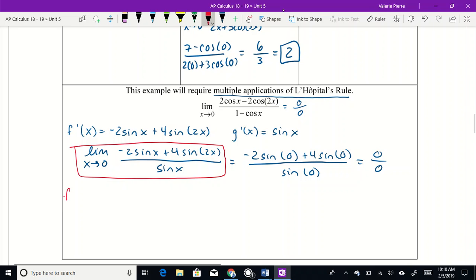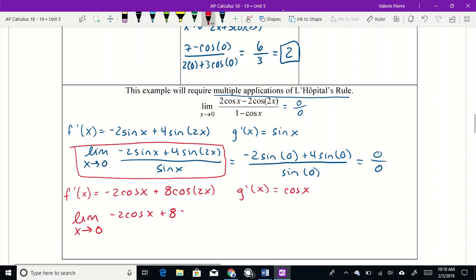So now the derivative of this new limit's numerator is equal to negative 2 cosine x plus 8 cosine 2x, thanks to chain rule, and the derivative of the denominator is equal to cosine x. So my new limit is the limit as x approaches 0 of negative 2 cosine x plus 8 cosine 2x over cosine x.